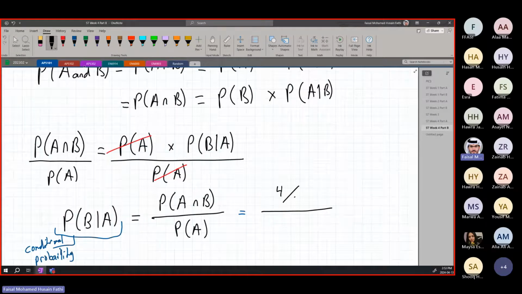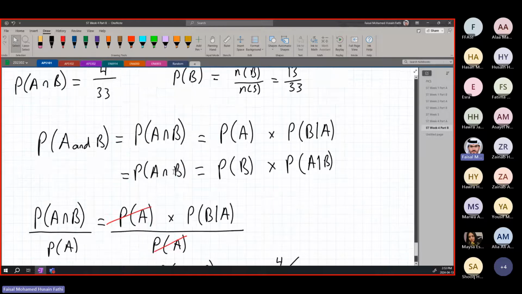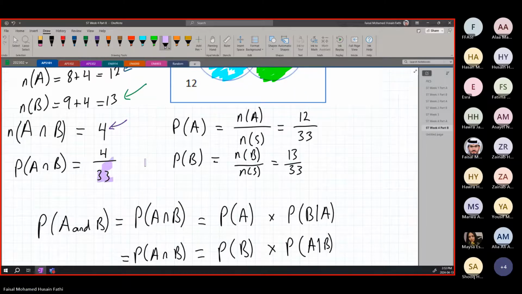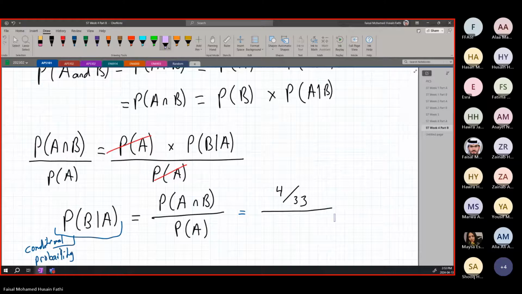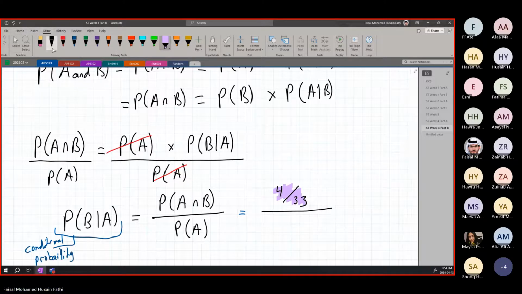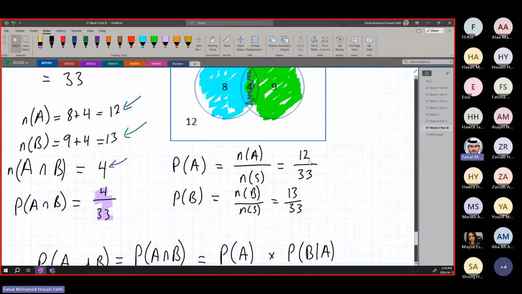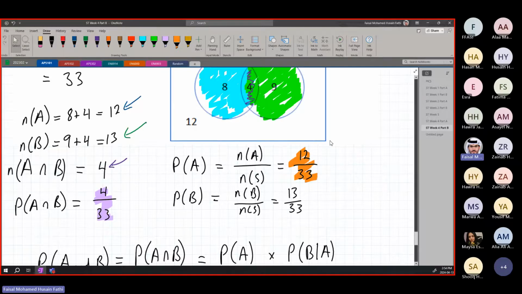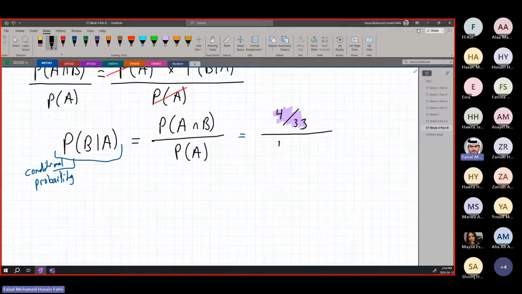This is the probability of A intersection B. The probability of A, we already calculated early on. It's just 12 over 33. So we're going to put 12 over 33 down here.